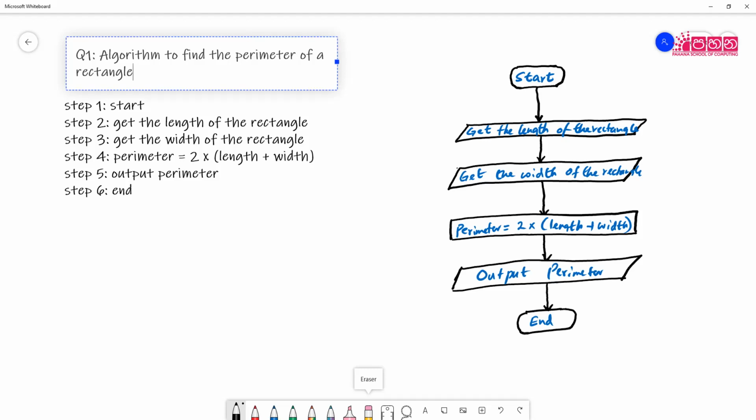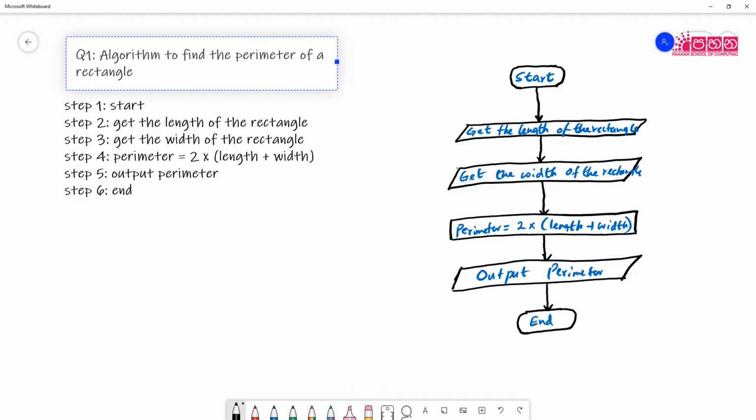And we will have one single process here. The process is finding the perimeter. We know that it's 2 times the sum of length and width. So that is the fourth step, right? By now, you should get the idea of how you may draw a flow chart.